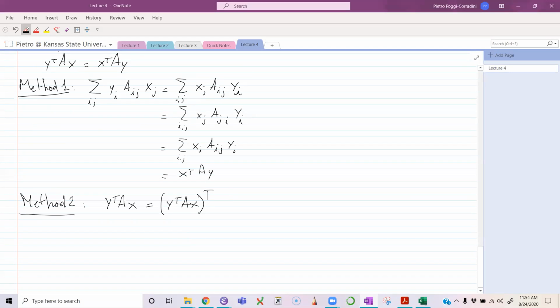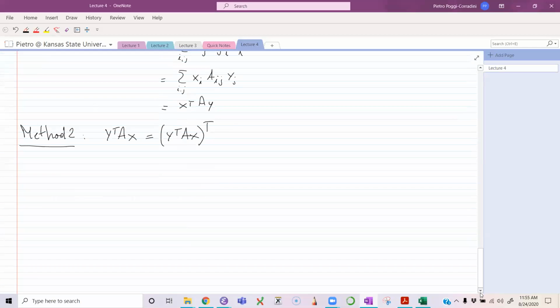But now you can use the property of transposes. Do you remember what the properties are? You distribute the transpose to each element, and then you switch the order of everything. So we need to distribute: x transpose, A transpose, y transpose, transpose, right? But now A transpose, because A is symmetric, that's just going to be A. And y transpose, transpose, that's just going to be y. That's an alternative way of doing this.